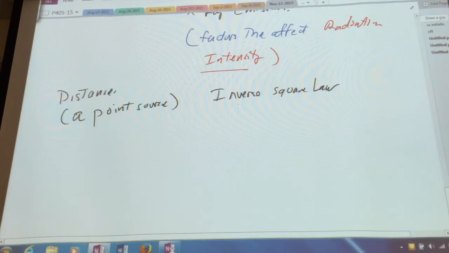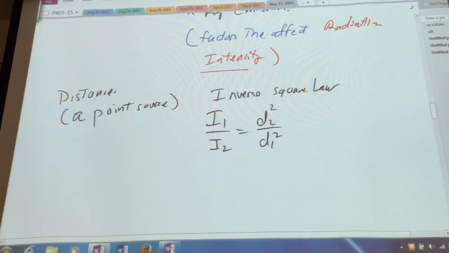And how do you want to write the inverse square law for intensities? I1 over I2 equals D2 squared over D1 squared. Yep, I1 over I2 is equal to D2 squared over D1 squared, or some variation of that. So intensity falls off as the square of the distance. And it's exactly the same as the last time we saw it, so we don't need to spend a lot of time there.